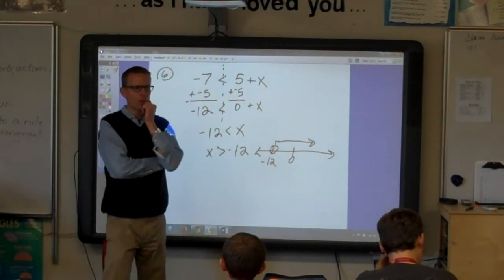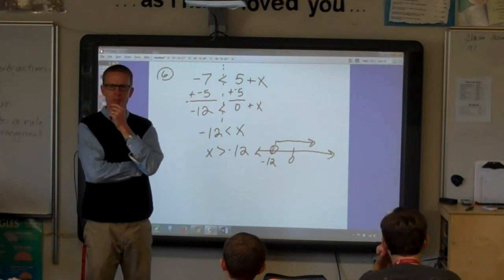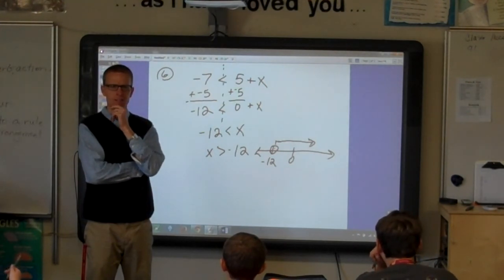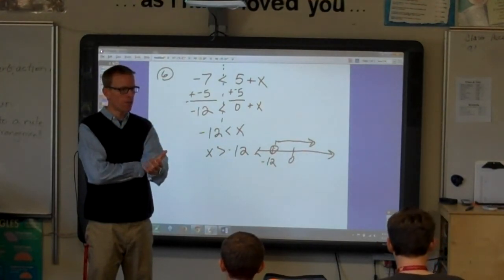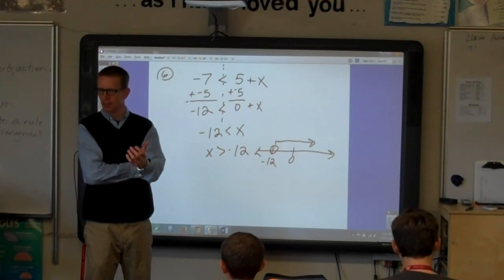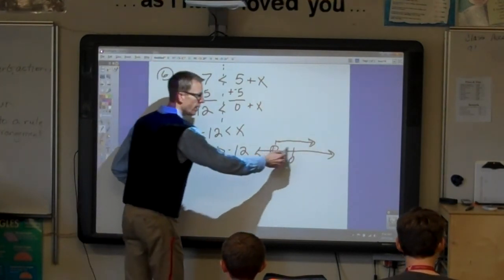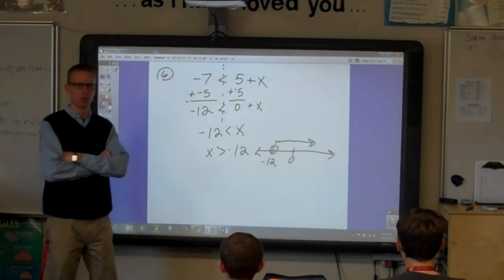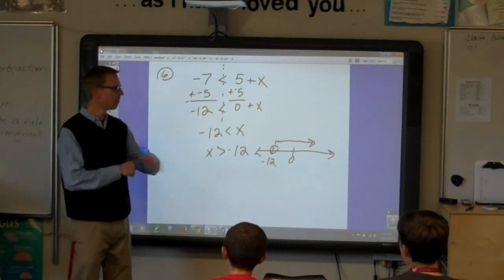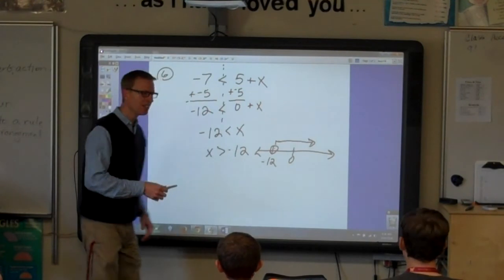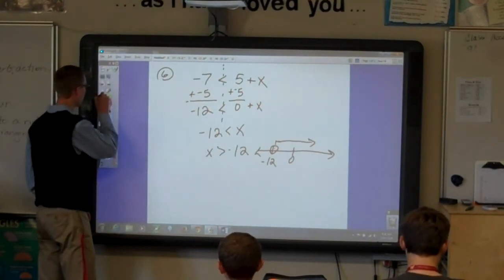So, how do we check this, class? How do you know if you've shaded it the right way? Remember when you substitute something in for the variable and it made it true or false? Let's pick a number to the right of negative 12 and see if it makes it true. x could be any of those numbers, right?